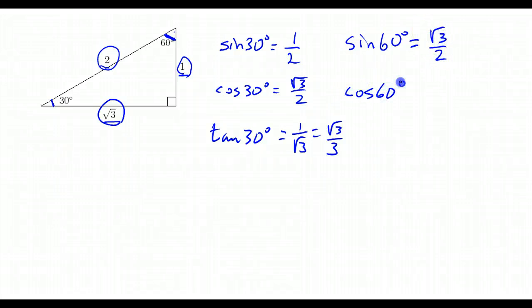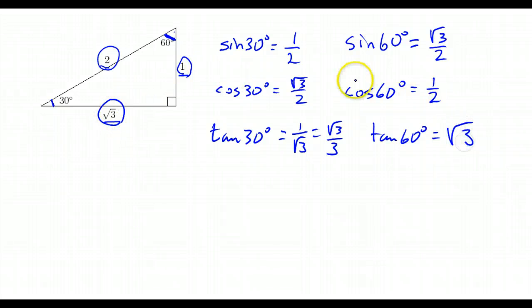The cosine of 60, adjacent over hypotenuse, is 1/2. And the tangent of 60 is going to be root 3 over 1. Now take a look at this. The sine of 30 is equal to the cosine of 60, and the cosine of 30 is equal to the sine of 60.